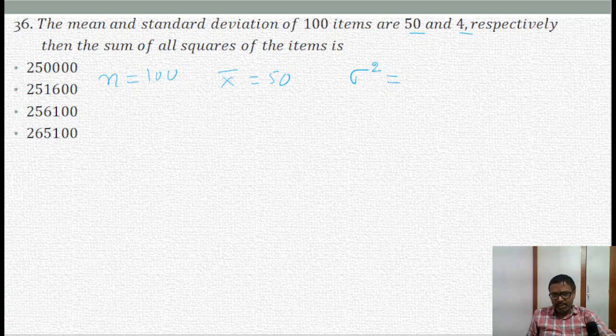Because if you go with sigma, while solving the problem we are going to get a root. So to avoid that, if the standard deviation is given, better to take the variance for the problem instead of taking standard deviation. Here, sigma is 4, then sigma square must be 16, that is 4 square.